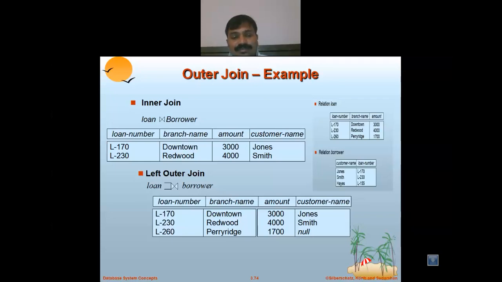SQL is a type of Oracle concept. In Oracle, you write the queries, enter the records, and then fetch the records. So the relational algebra we implement in SQL, and the same concept we implement when we learn Oracle.